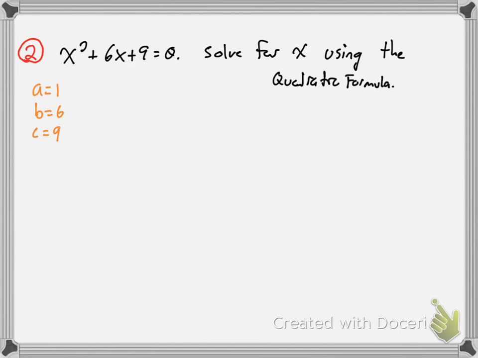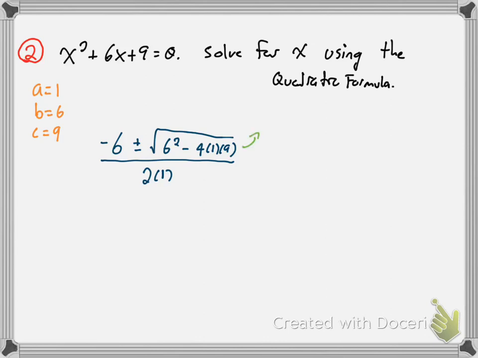As I'm plugging this stuff in, I'm going to do negative b, so negative 6, plus or minus 6 squared minus 4 times 1 times 9. And I'm going to take that all over 2 times 1. When I do this, everything inside the square root is going to end up being 6 squared is 36, 4 times 9 is also 36.